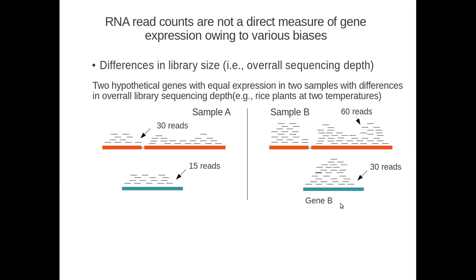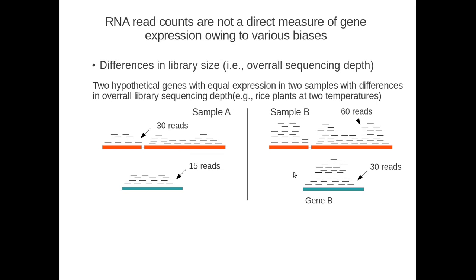There are 30 reads in the blue gene B here, and 15 reads in the blue gene B in sample A. The point is that without correcting for the library depth difference over the entire genome, we might be tempted to think that sample B is overexpressed for each of these two genes when we compare them.